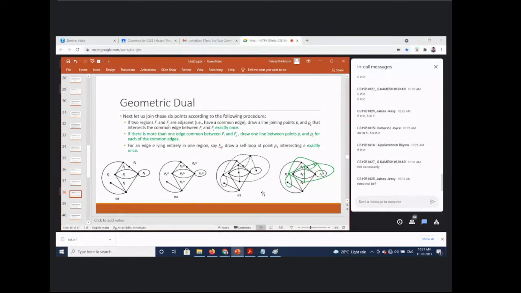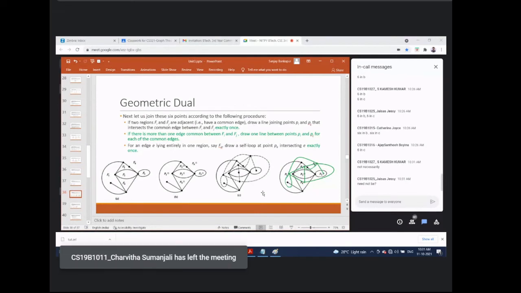Not necessarily. So I will repeat my point. In a given graph with X number of vertices, I have created a geometric dual from G to G dash, or G star.